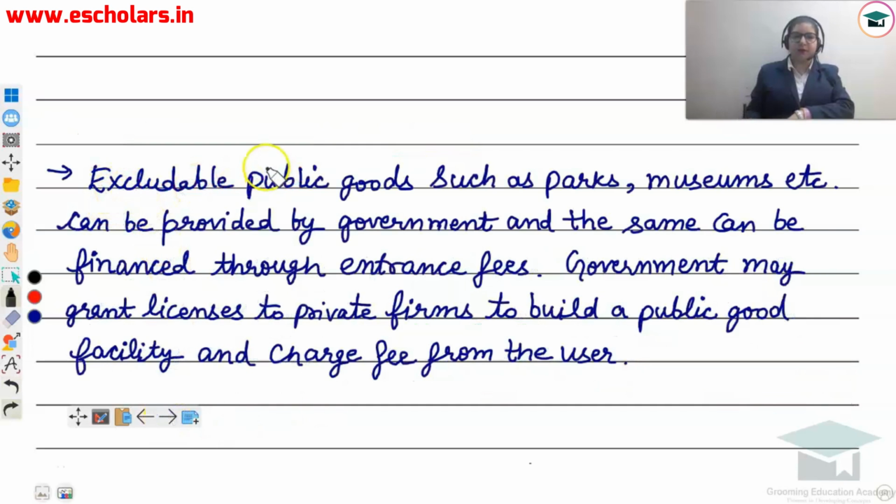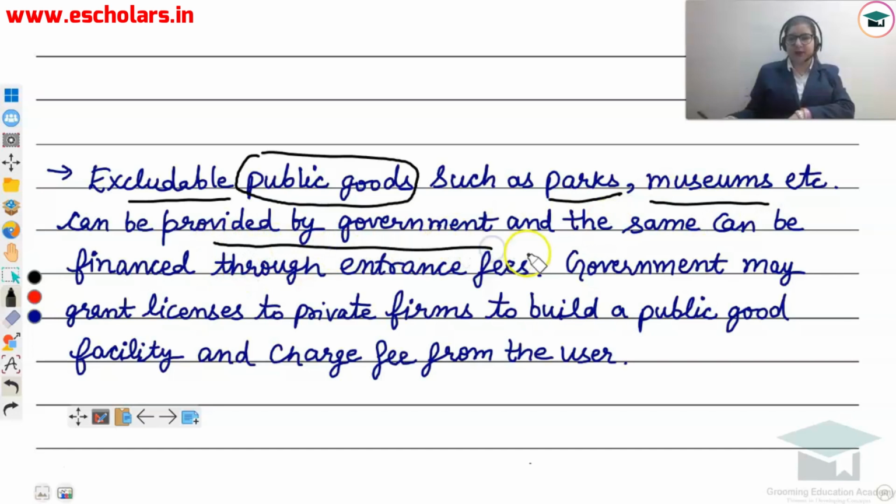Also students, there are public goods which are excludable in nature, that is, public goods for which the government charges a nominal amount, for example parks with an entrance fee, museums, etc. These are provided by the government and the expenses of such goods are financed by the government through entrance fees.